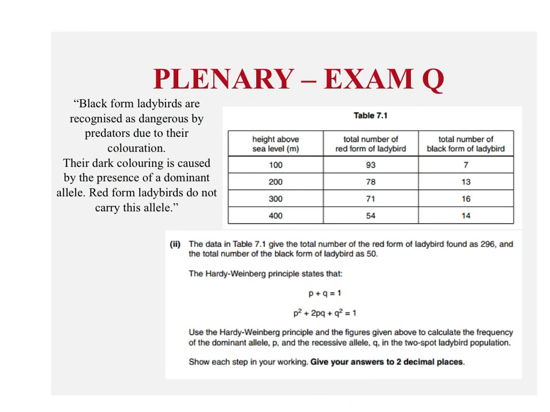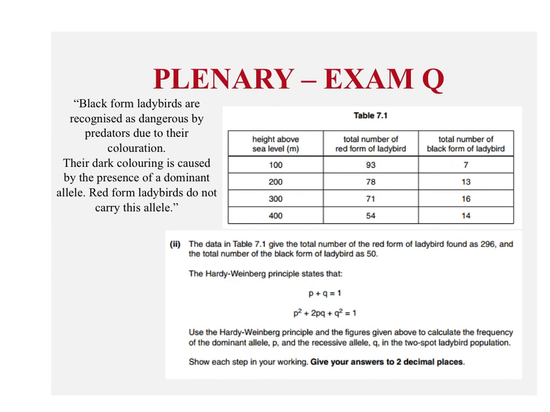So here we've got our final exam question. Black form ladybirds are recognised as dangerous by predators due to their coloration. Their dark colouring is caused by the presence of a dominant allele. Red form ladybirds do not carry this allele. The data in table 7.1 give the total numbers of the red form of ladybird found as 296 and the total number of black form ladybirds as 50.